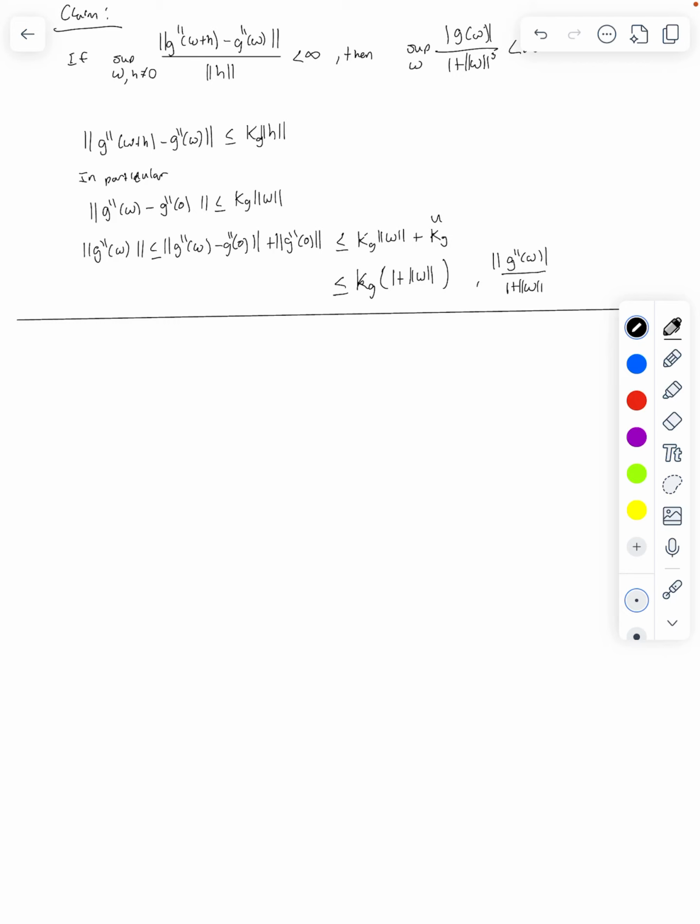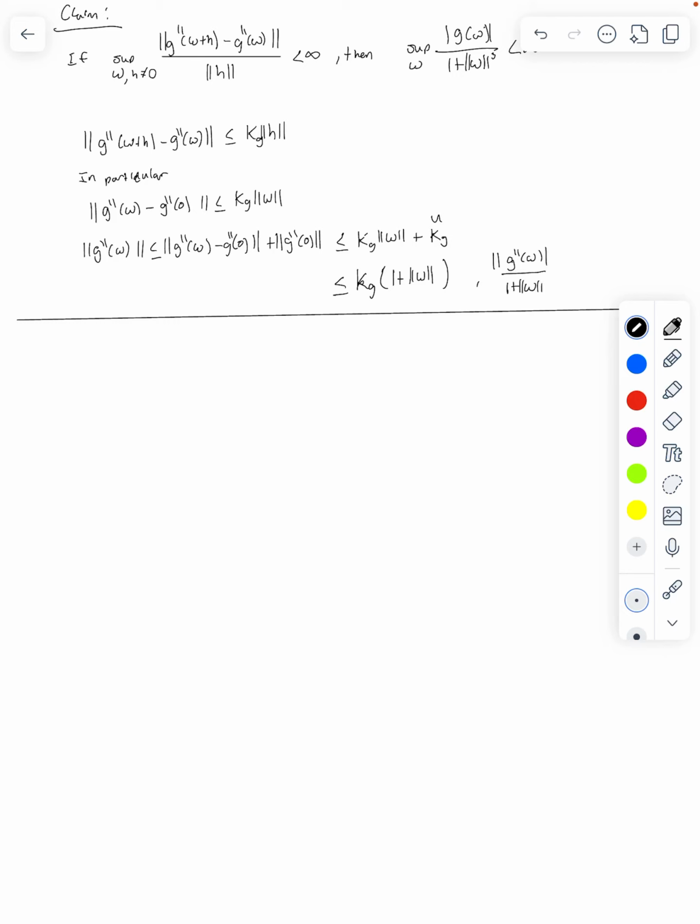Okay, so the second term that we want to bound is g prime of w. And so I'm actually going to do this in a slightly more roundabout way, just because I want to be super careful and safe. So I'm actually going to fix an h, and I want to bound the size of this thing.